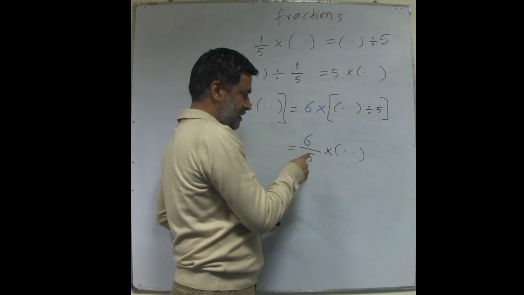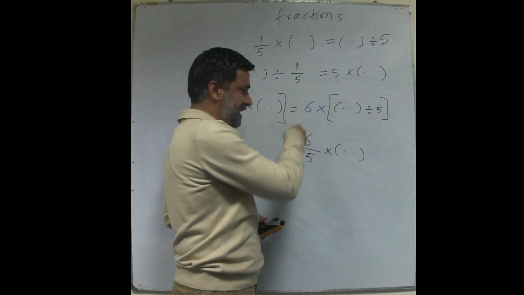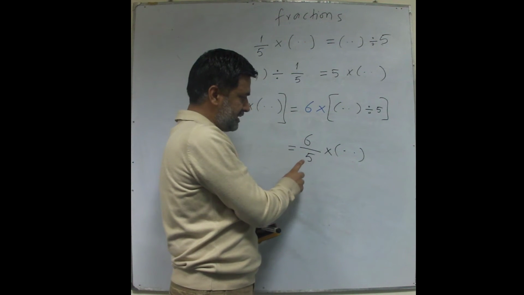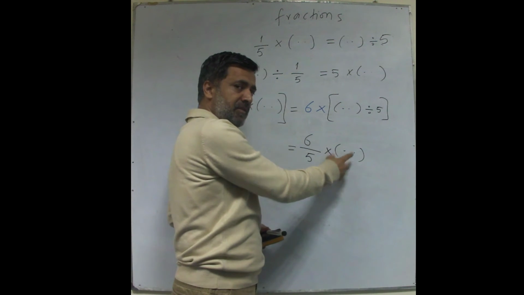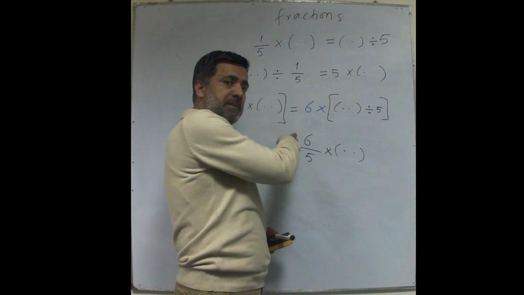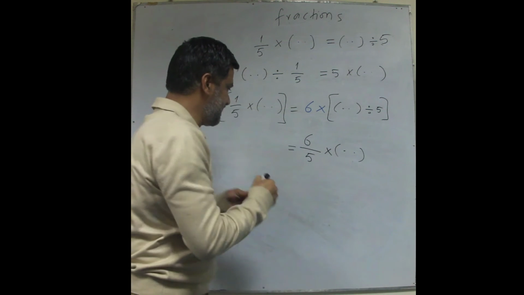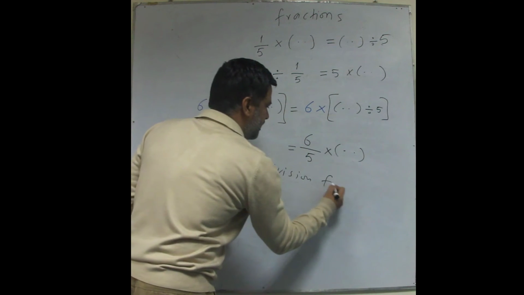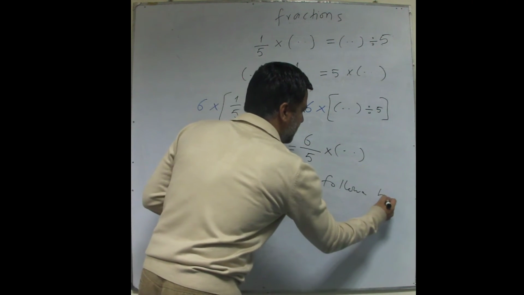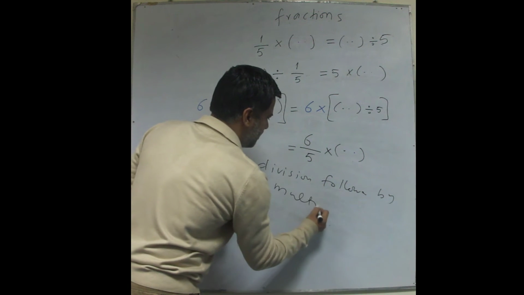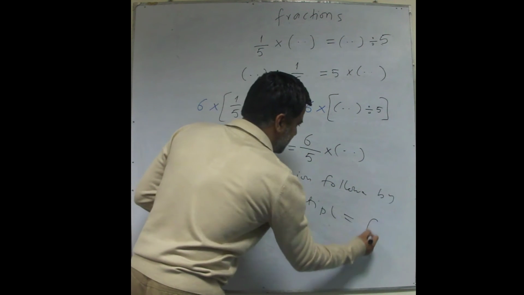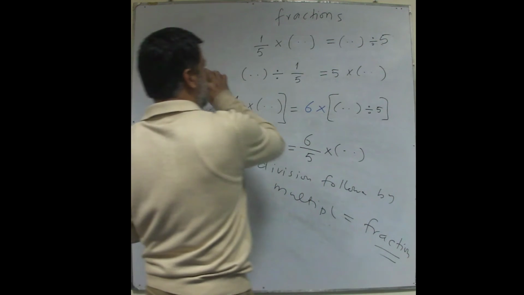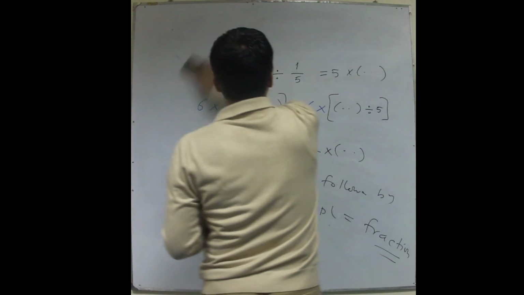So the meaning of this fraction 6 over 5 is divide by 5 followed by multiply by 6. Yeah? So division followed by multiplication is actually what we mean by fraction.